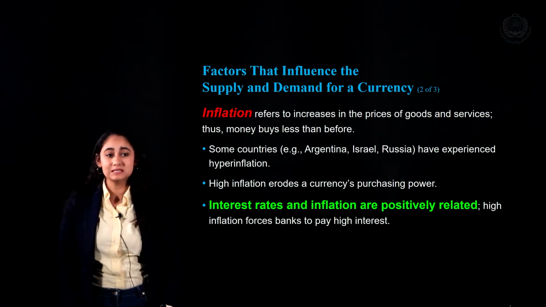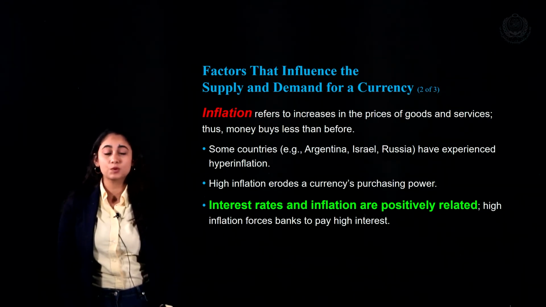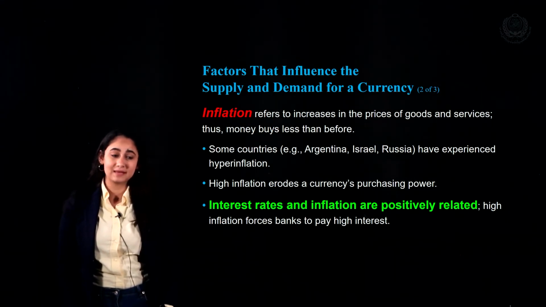As you will see here, nations that are suffering from inflation have interest rates that are positively related. So the higher the inflation, the higher the interest rates, and this promotes people to save rather than spend. Therefore, this impacts the supply and demand for products.